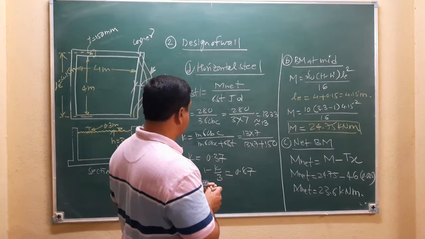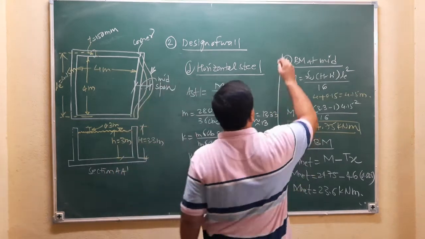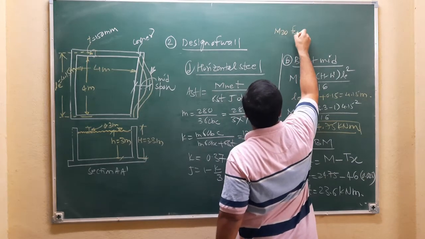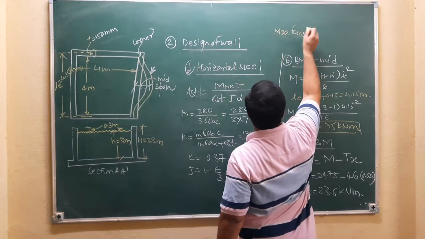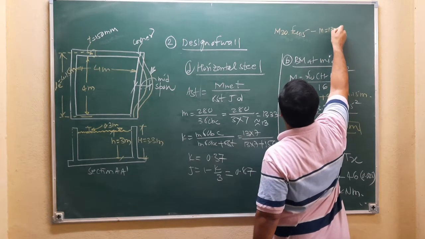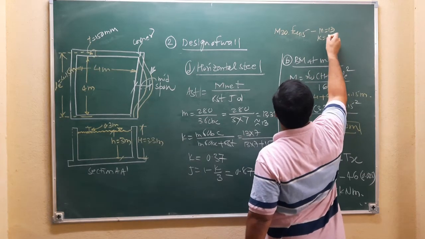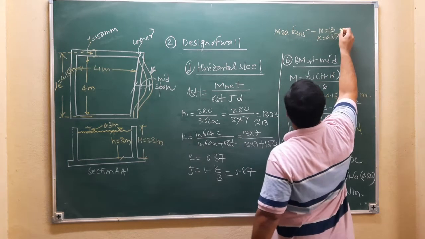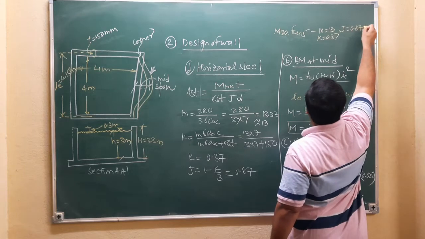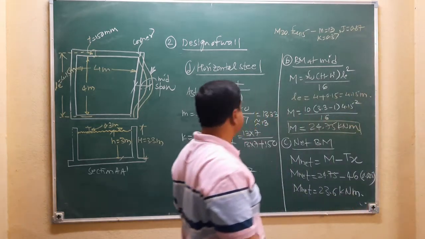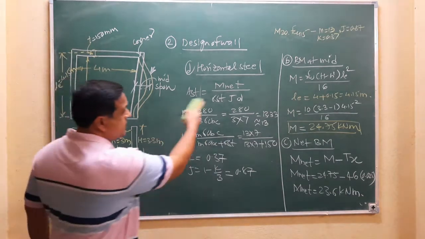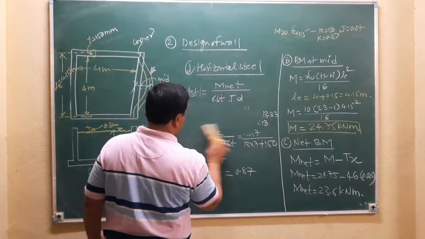For M20 grade concrete and Fe415 steel, the value of modular ratio M is 13. Value of K is 0.37 and value of J is 0.87, isn't it? So this is the calculation of K.